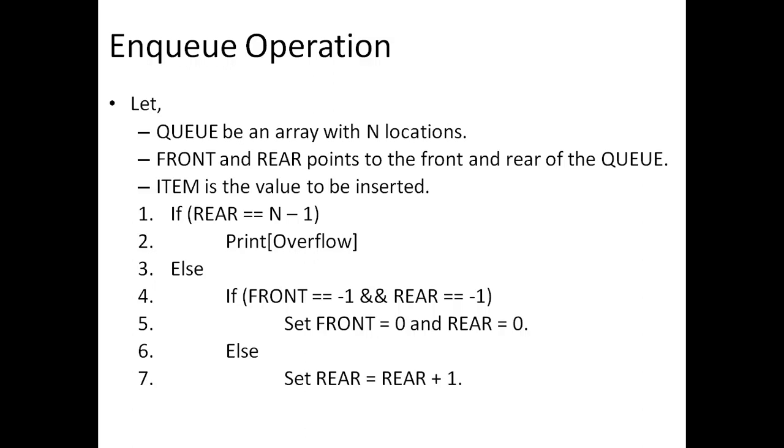Else we just have to update the rear pointer, that is, we have to increase the rear pointer by 1. And this is so because the enqueue operation will only update the rear pointer and not the front pointer. And then finally the element is placed at the rear index at line 8.